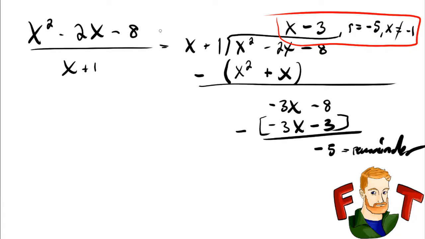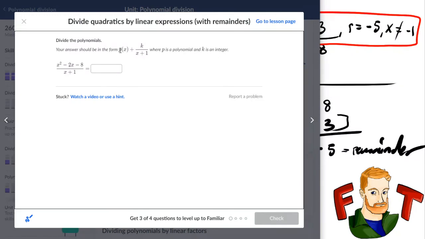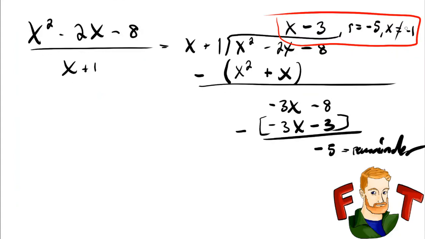To put it in the form that they want, because you can see they want an expression plus a fraction, that means this is not the correct format. So the correct format is going to be, we're going to use blue.